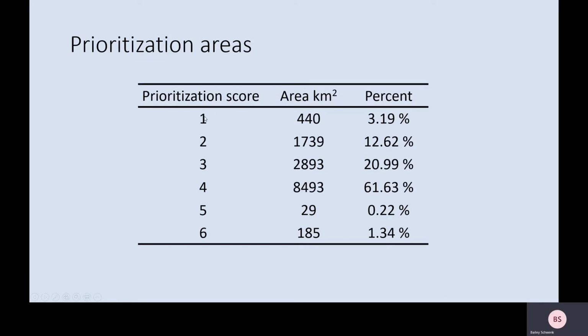Here are the percentages of the different scores of the final prioritization score in the non-parsed out areas. As you can see, only about 1.5% of the available area to build BMPs was either a 5 or a 6, meaning a high quality area for building BMPs.